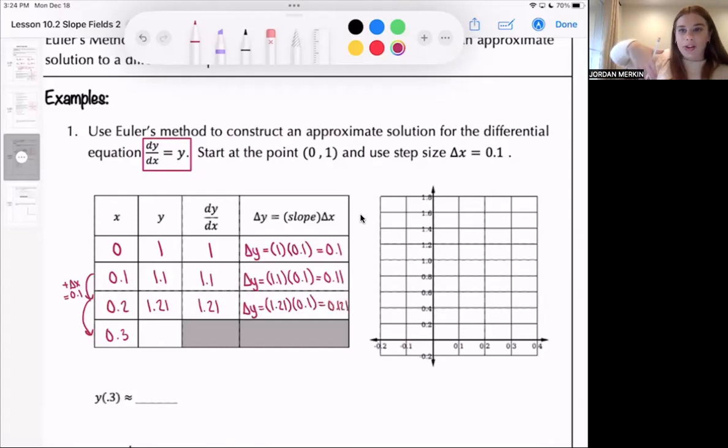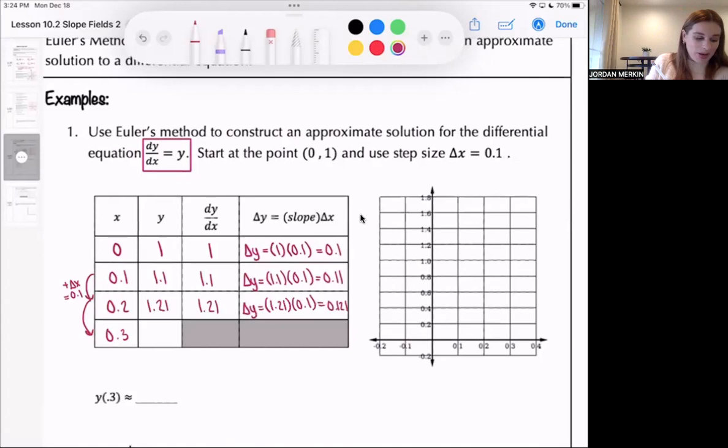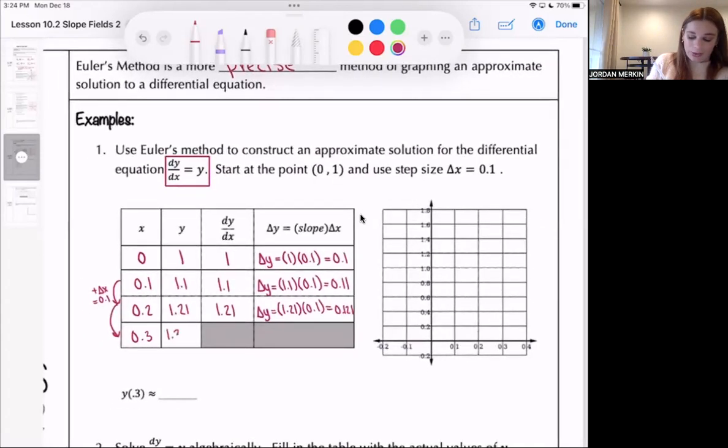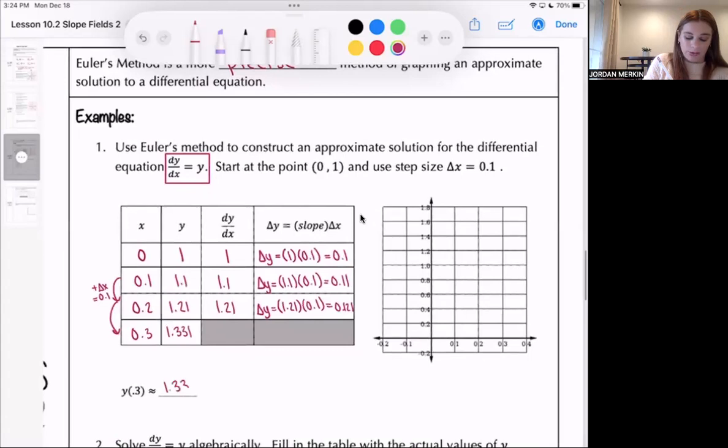And then we're going to go back through, add 0.121 to 1.21, and then we end up with 1.331. This gives us an approximate value for y at x equals 0.3, which is about 1.331. And now with this table, we can plot the x and y coordinates, so that we can get the solution to this differential equation with a starting point of (0, 1).